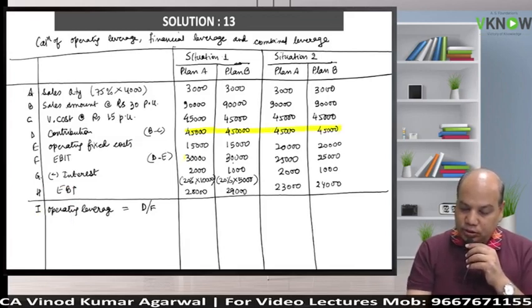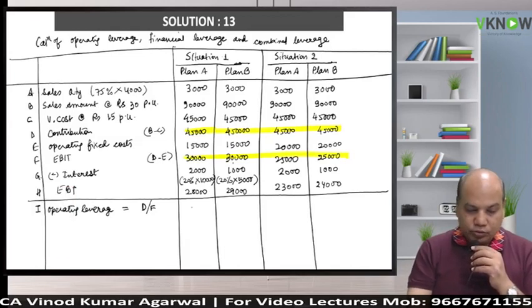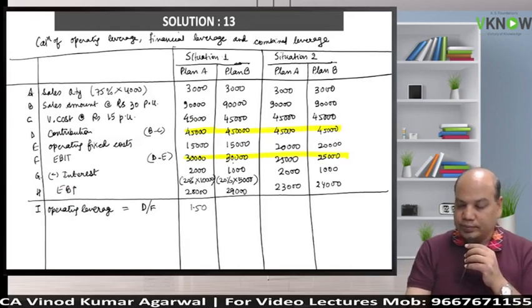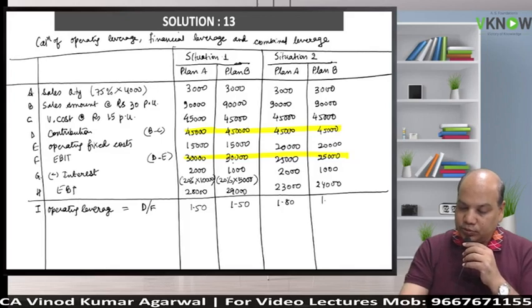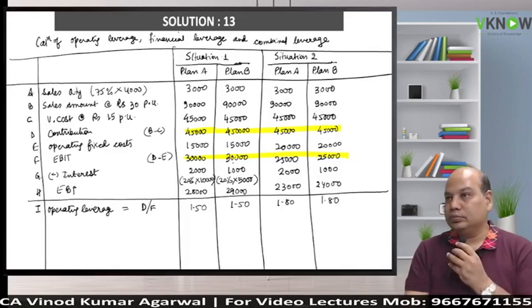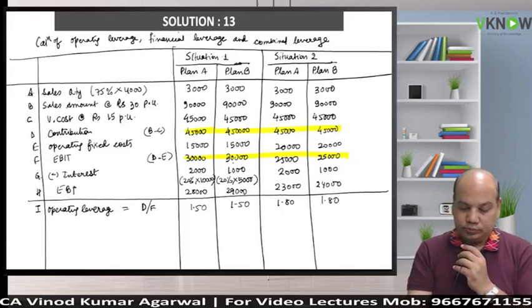It is 1.5, next one same 1.5, next one 1.8, 1.8. Situation 1, 1.5. Situation 2, 1.8.